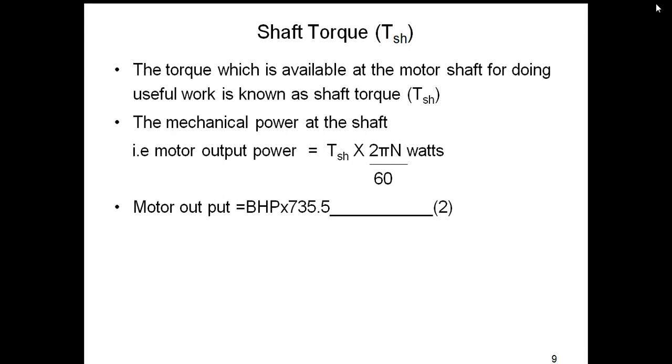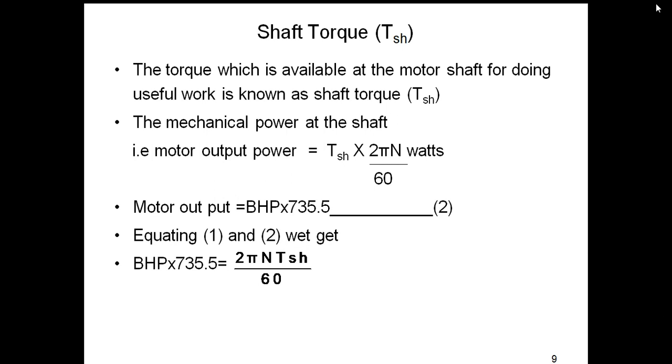Whereas the motor output can be written as bhp into 735.5. Equating the above two equations, we get bhp into 735.5 is equal to 2 pi N into TSH by 60.